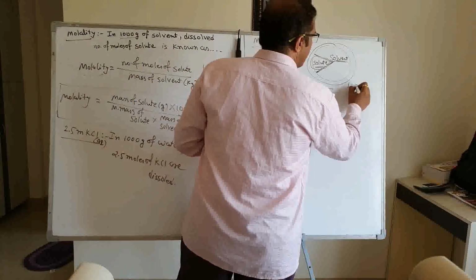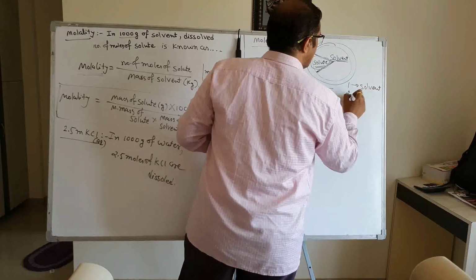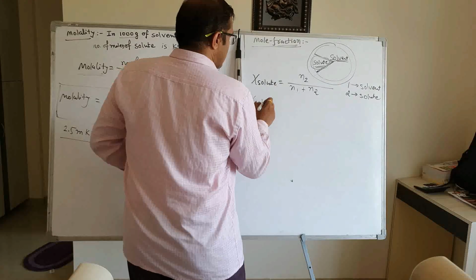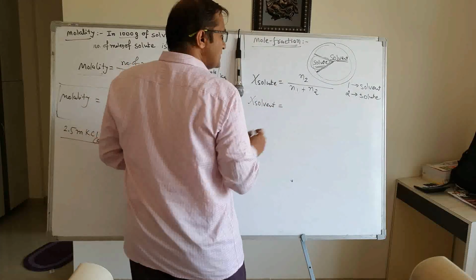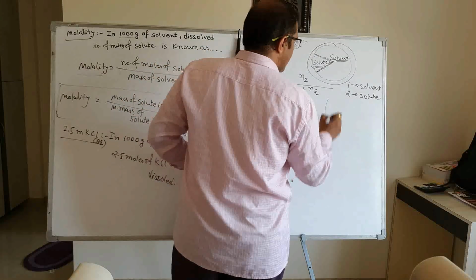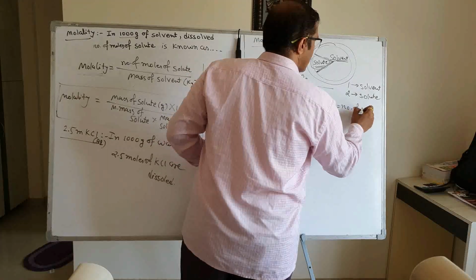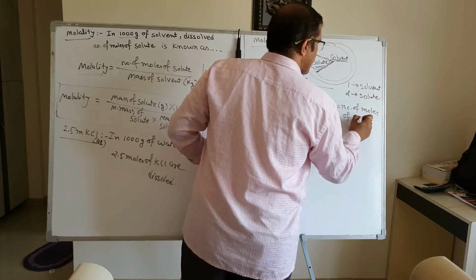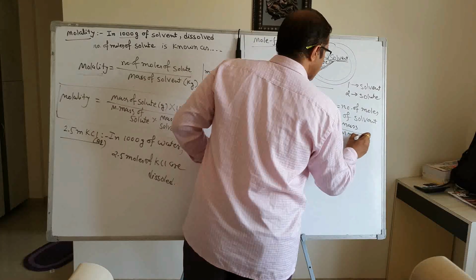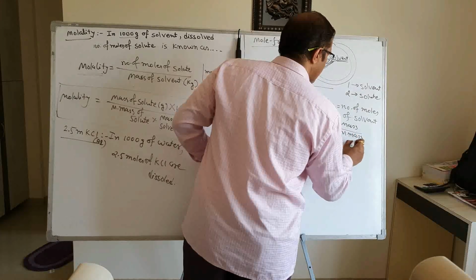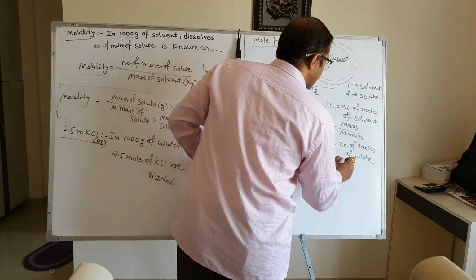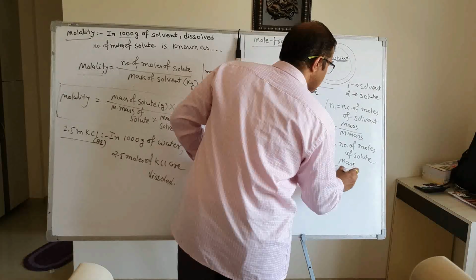Generally here we are taking 1 for solvent and 2 for solute. So if we take mole fraction of solvent, then the formula will be N1 divided by N1 plus N2. Here N1 is the number of moles of solvent, that is mass upon molecular mass, and N2 is the number of moles of solute, that will be mass upon molecular mass.